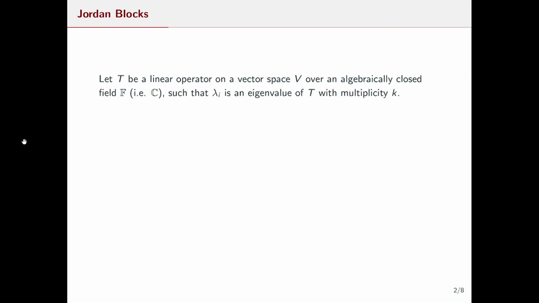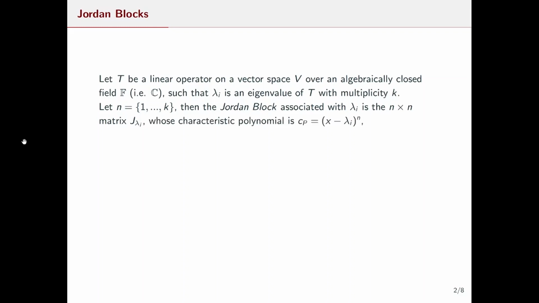If this operator has an eigenvalue λ_i that has multiplicity k, and we let n go from 1 up to the multiplicity, then the Jordan block associated with this eigenvalue is the n by n matrix J_λi. The characteristic polynomial of this matrix is just (x − λ_i)^n, and the single eigenvalue is λ_i.